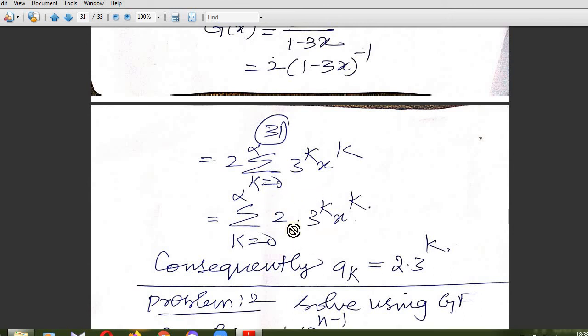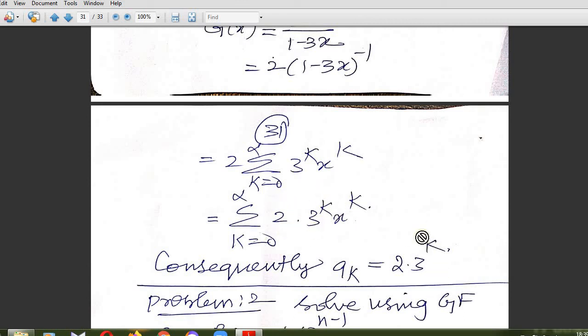Let me correct: the sequence a_k is the sequence for which g(x) is the generating function, that is 2 into 3 power k x^k summed. So a_k equals 2 into 3 power k.